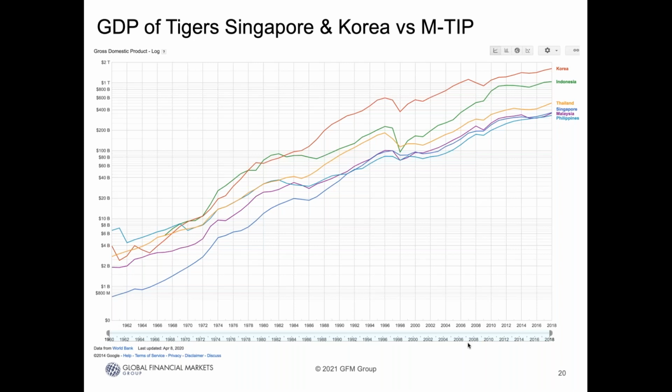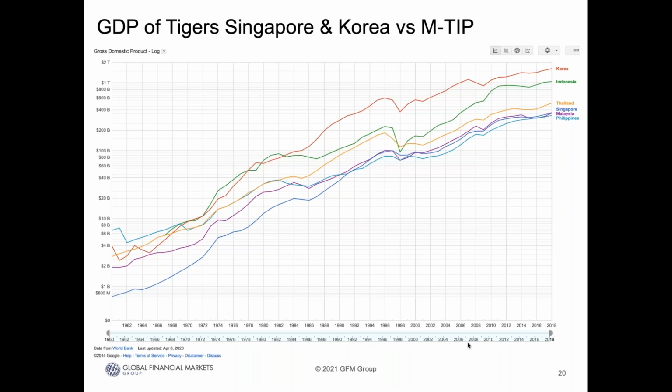How do the economy sizes of Singapore and Korea compare with these next economies I'm going to talk about, which are the MTIP economies, the Southeast Asian economies? Well, all of them have had fairly good levels of economic growth, but there are some things that you'll probably notice if you look at this chart in a little more detail.